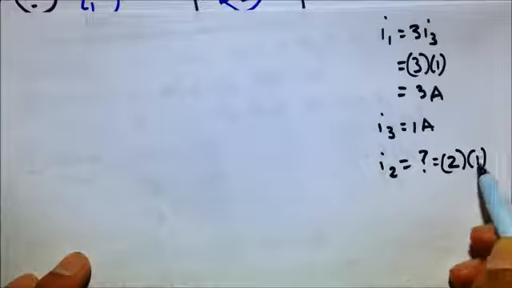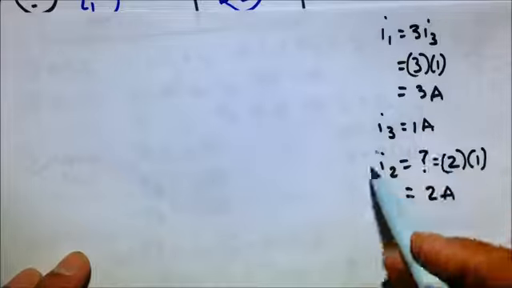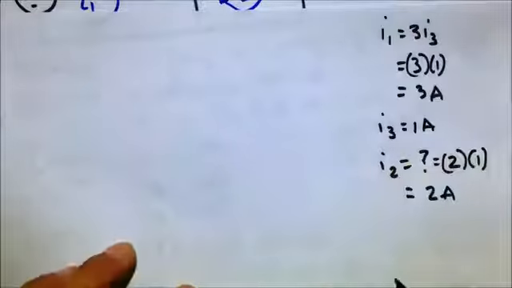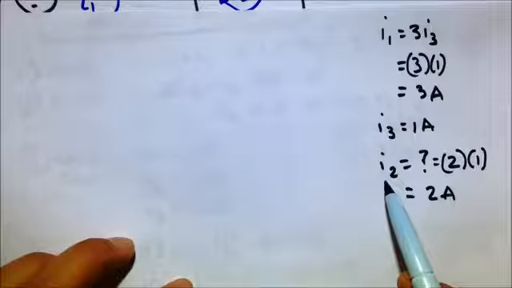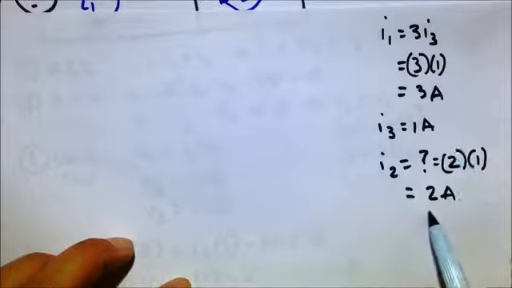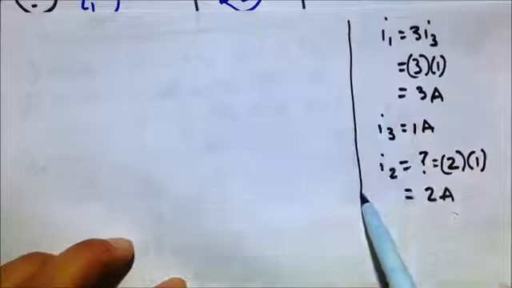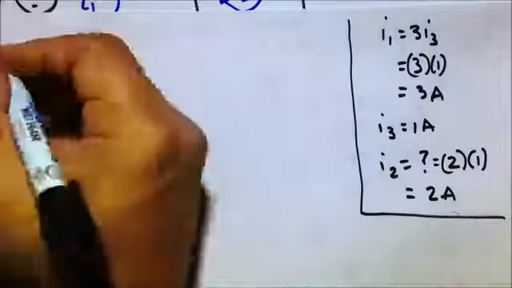So that just gives us 2 amps. So now we have all 3 currents: I1 equals 3 amps, I3 equals 1 amp, and I2 equals 2 amps. Fantastic. And now we can use Ohm's law to solve for all our voltages.